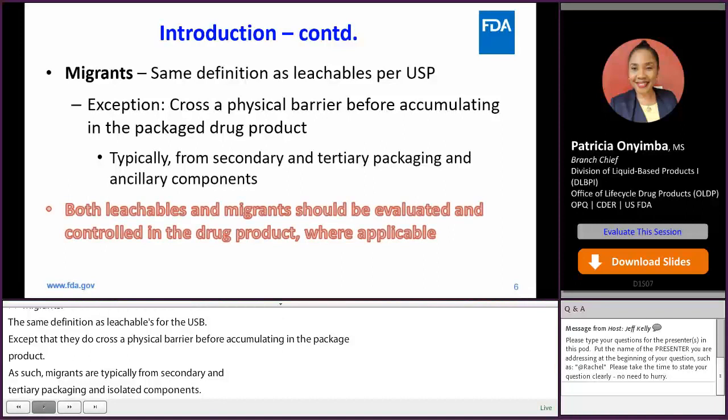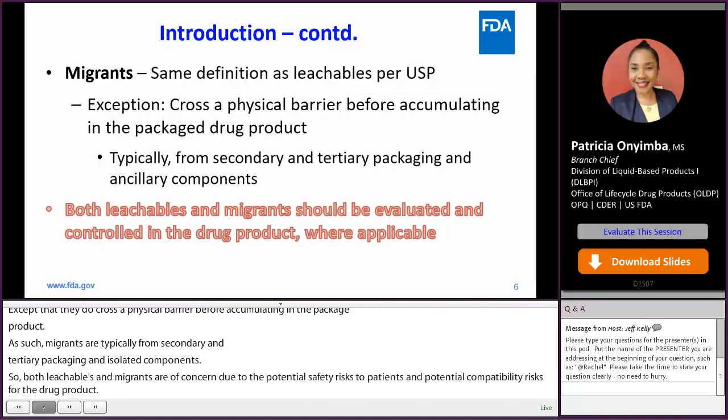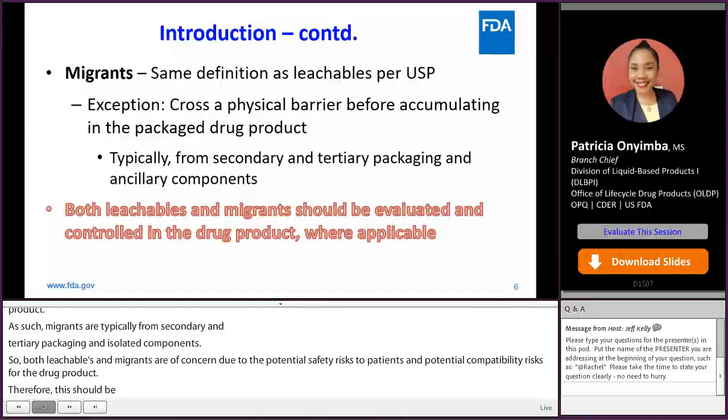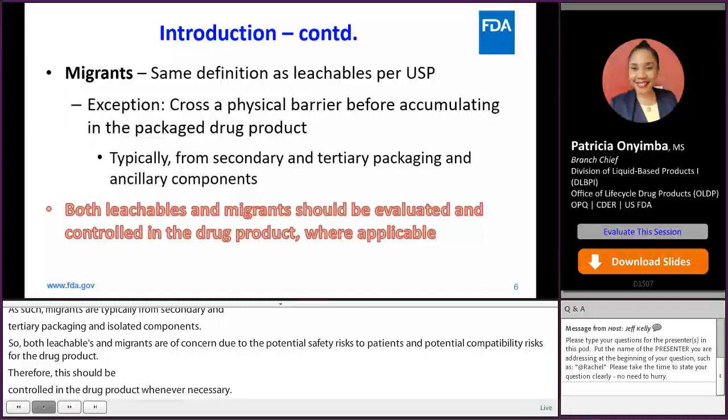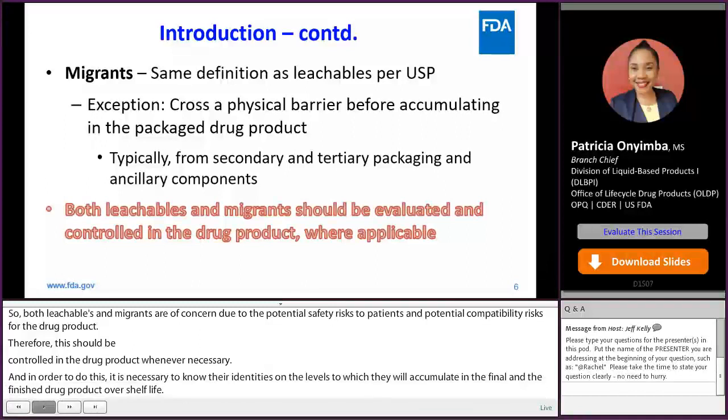Both leachables and migrants are of concern due to their potential safety risks to patients and potential compatibility risks for the drug product. Therefore, they should be evaluated and controlled in the drug product whenever necessary. And in order to do this, it is necessary to know their identities and the levels to which they will accumulate in the finished drug product over shelf life.